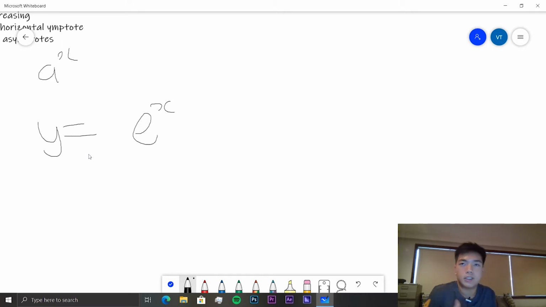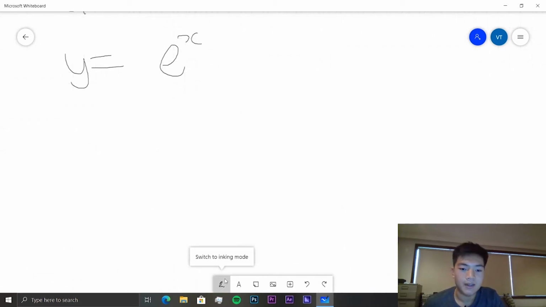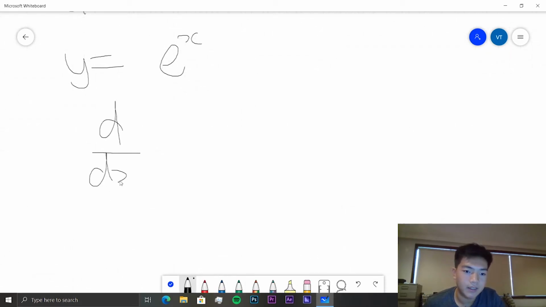First of all, we can use it to model exponential growth, but the most important property is that it is invariant under differentiation. What do we mean? We mean that if we differentiate e to the x, it will simply be equal to e to the x again, which is very surprising.